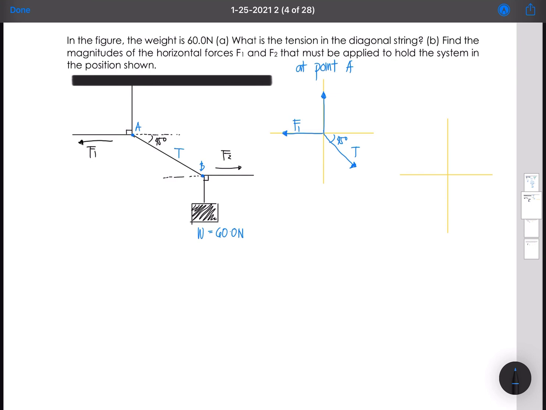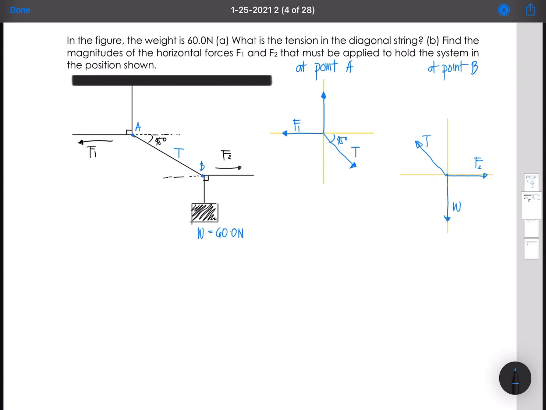Now moving on to point B. At point B, first, of course, you have the weight of the object, which is given at 60 newtons. Then we also have the force that is directed towards the right, that is F2. We also have a force that is equal to the tension in that diagonal string.